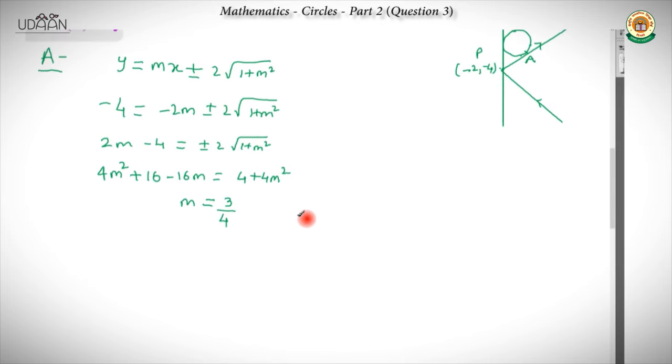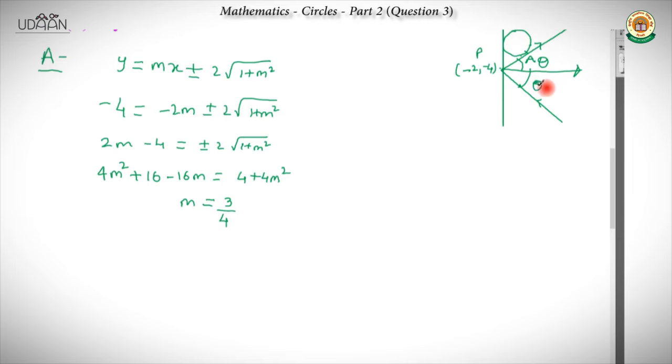Now we know the slope of the reflected ray, but we have to find the equation of the incident ray. If we notice here, if this is the x-axis, and this is the theta of the reflected ray, and if we want to take the theta at which the incident ray is inclined, it is minus theta, in the opposite direction, that is the clockwise direction.